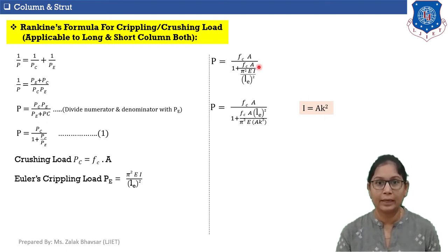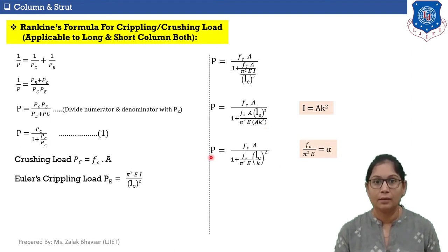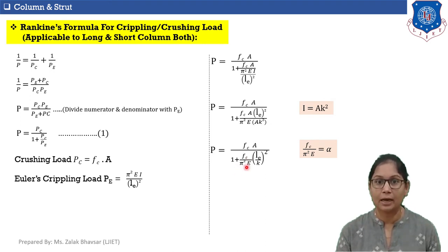So I put AK square instead of I in this equation, then I get P is equal to FC into A upon 1 plus FC into A into LE square upon pi square E into AK square. So I can say that P is equal to FC into A upon 1 plus FC upon pi square E into LE upon K square.